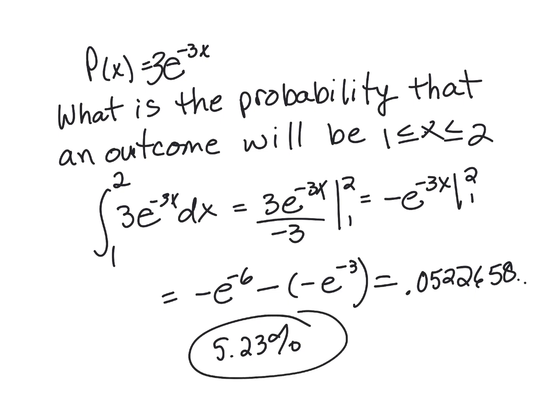That's the probability on that probability density function that your outcome will happen between 1 and 2. If you want to do this from between 0 and 1, for instance, integration is the same.